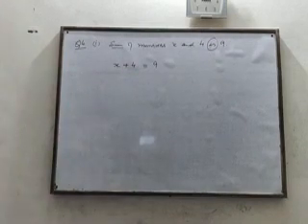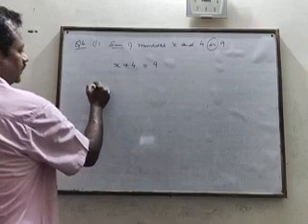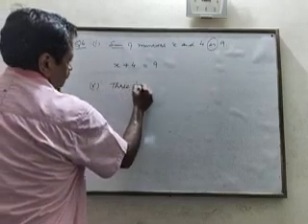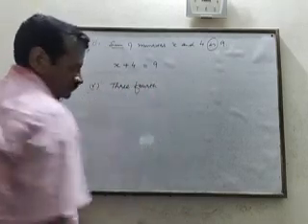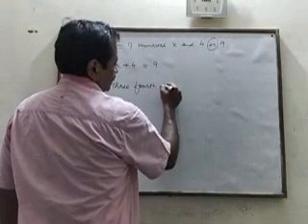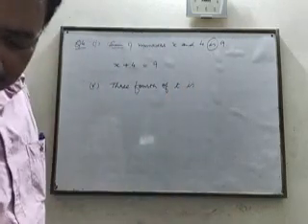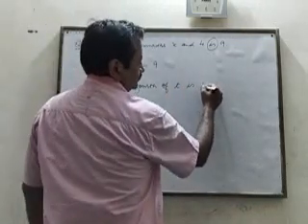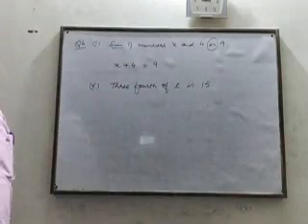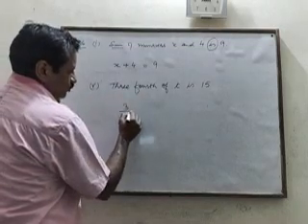Take any other example. Fifth part: 3/4 of t is 15. 3/4 we have learnt in the basics. 3/4 we used to write as 3 upon 4.